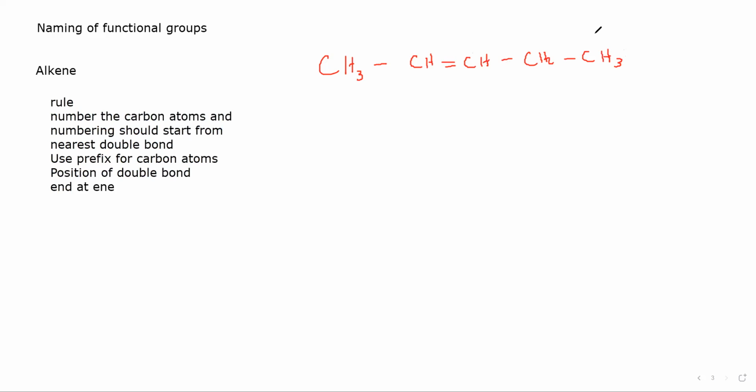If I number from the right-hand side, 1, 2, 3, 4, 5, the double bond is present at the third carbon. If I number from here, 1, 2, 3, 4, 5, the double bond is present at the second carbon.